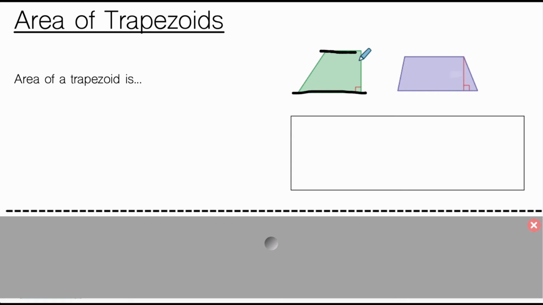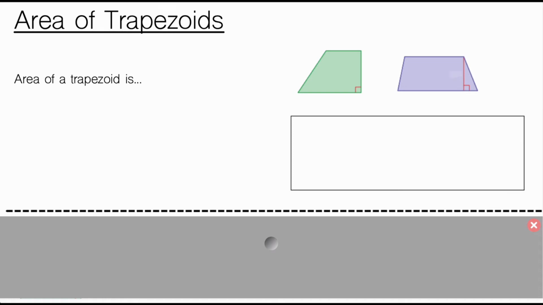It goes right here. The other sides are not parallel. And if they were, this would not be a trapezoid. In the purple trapezoid, we again have one and only one pair of parallel sides. The other two sides are not parallel. All right, so let's get into it.